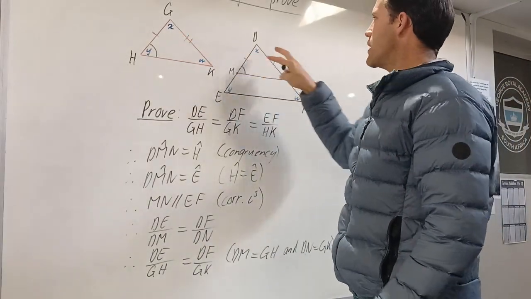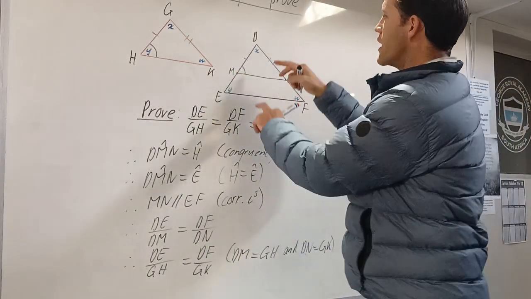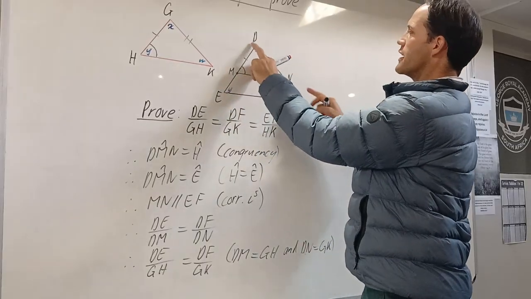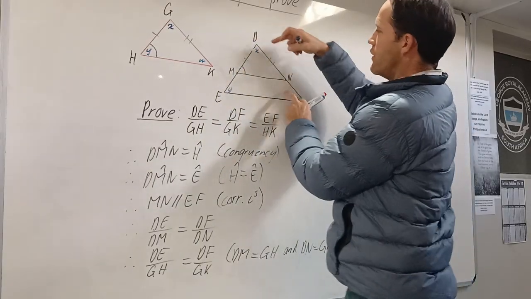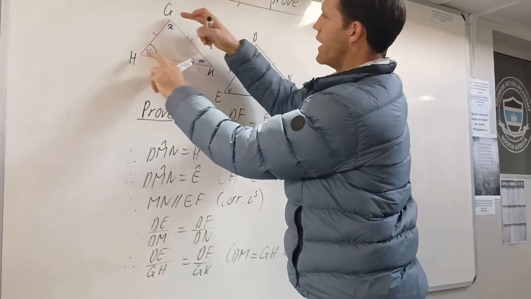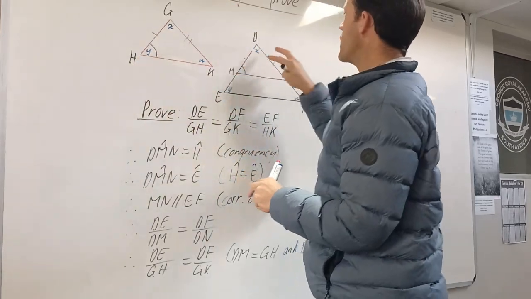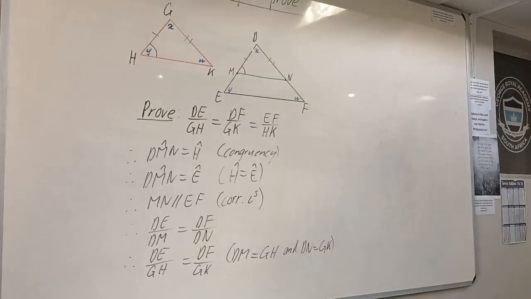So if this side over this side is equal to that side over that side, then because that one is equal to that one, and that one is equal to that one, the ratios are equal.